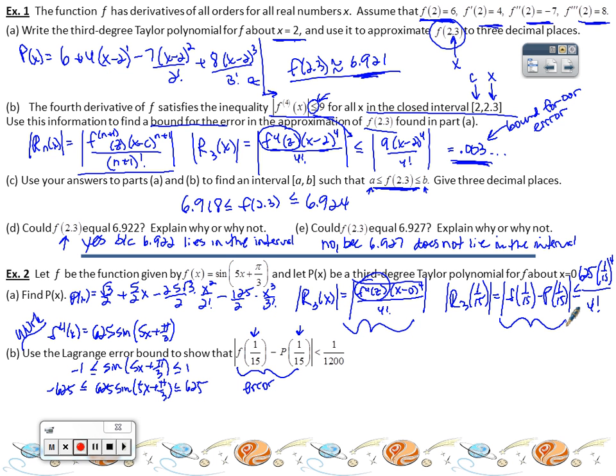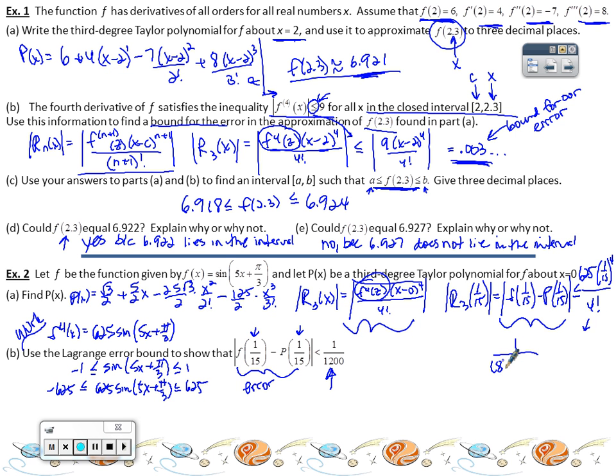Now, the last thing that we need to do is show that this bound is less than 1 over 1200. That was this right here. If I put this in my calculator, I can get a value. You could work it by hand. You probably don't want to, but you could. 625 is the same thing as 5 to the 4th. Let's just cut to the chase, and that is going to reduce to 1 over 81 times 24.